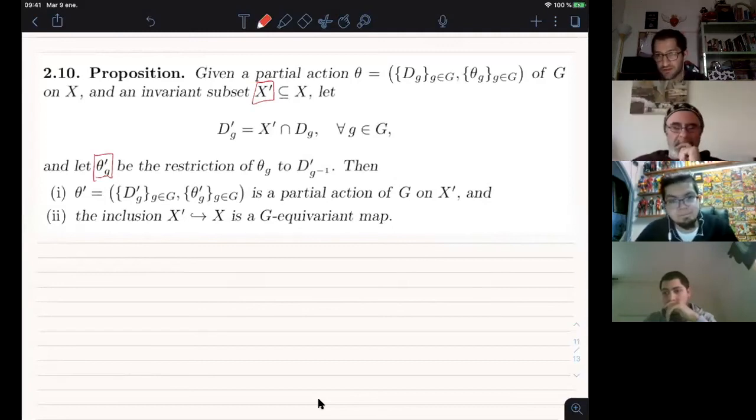And it's not hard at all to prove this. And also, of course, as a substructure, if we consider the inclusion here, we need to have an equivariant map here. And this is very easy to prove.